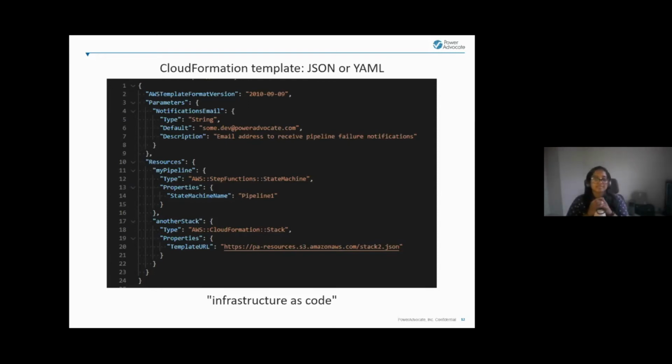And overall, CloudFormation is based on this idea of infrastructure as code, which basically means instead of manually creating a bunch of different cloud resources and then manually having to manage all of them and deal with them, we can have one file that describes everything we want to make, and Amazon will create that for us. So that avoids a lot of human error and saves us some time.